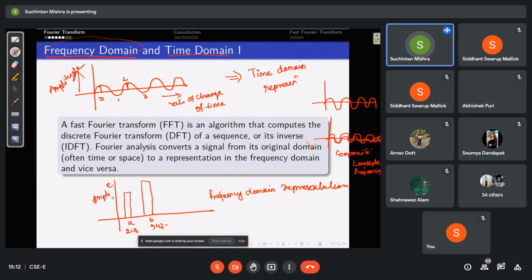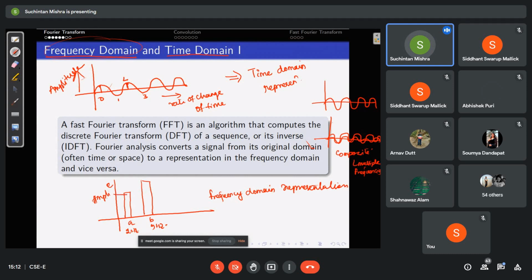Okay, so again in the y-axis we are taking amplitude, and in the x-axis we are taking the different frequencies. So how much amplitude of which frequency is contained in the signal?